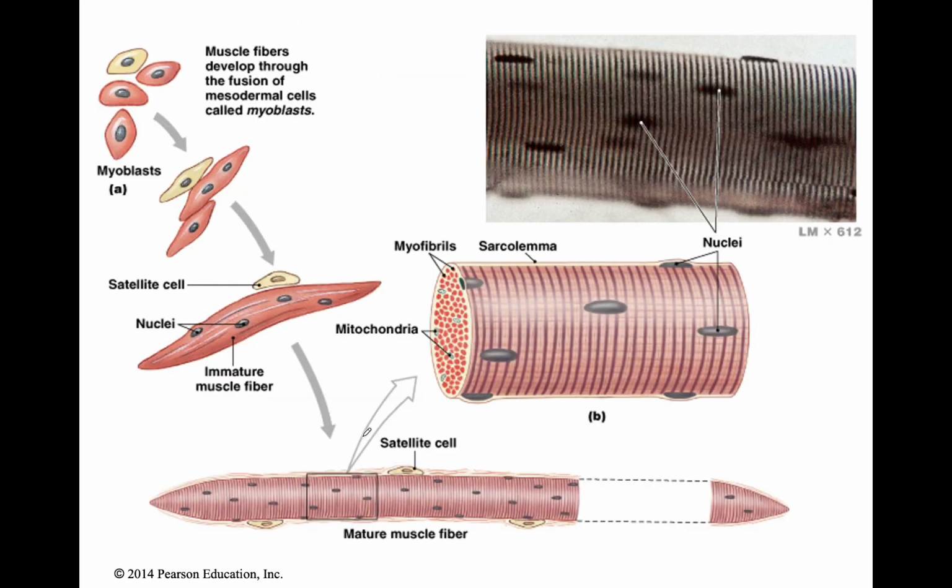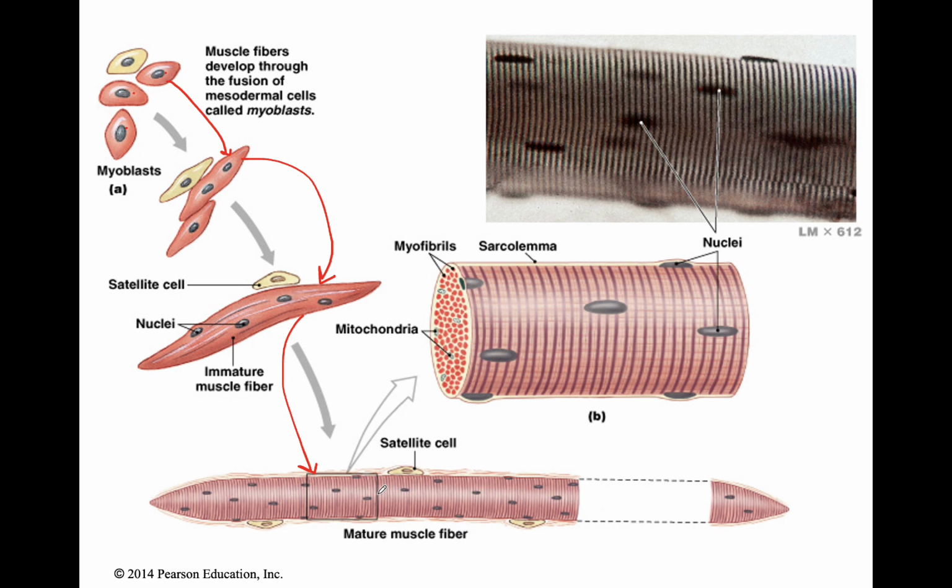So if we see on the next picture, during development, the myoblast cells fuse together until they make a larger muscle fiber. And with that fusion, you're fusing all their nuclei as well. So the muscle fiber has hundreds of nuclei in it.